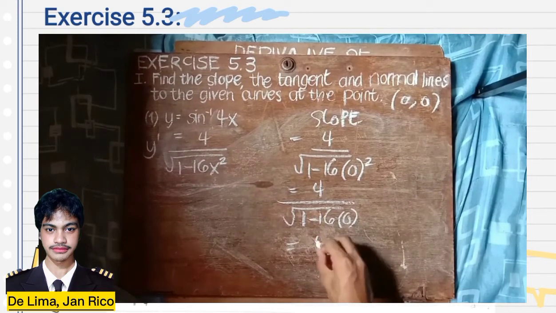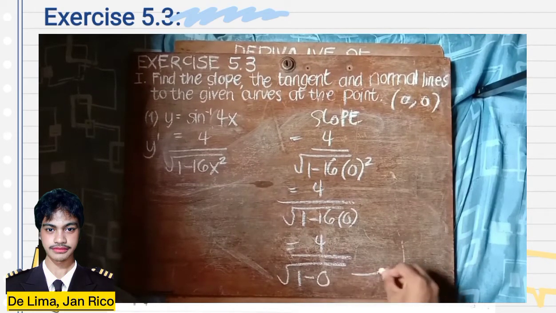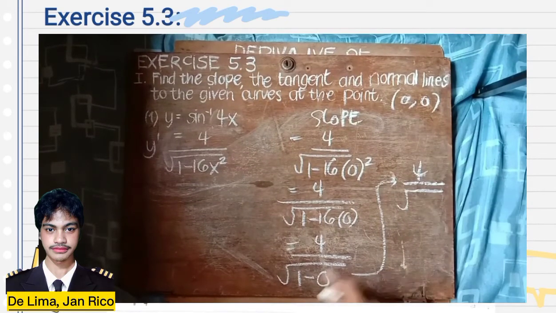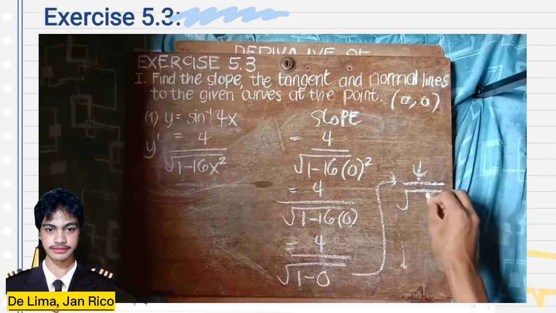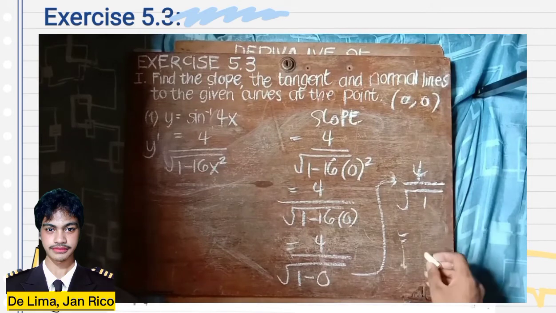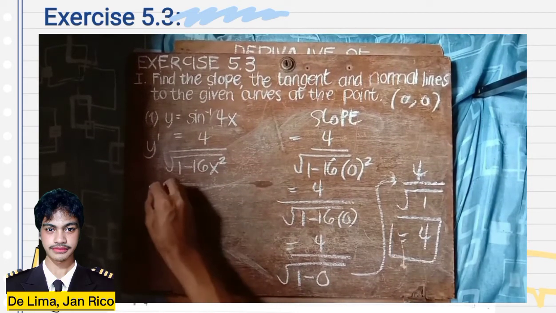That would be 4 all over the square root of 1 minus 16 times 0, which is 0. Next, 4 all over the square root of 1 minus 0 is equal to 1, which is 4 all over the square root of 1, which is equal to 4. So the value for the slope is 4.